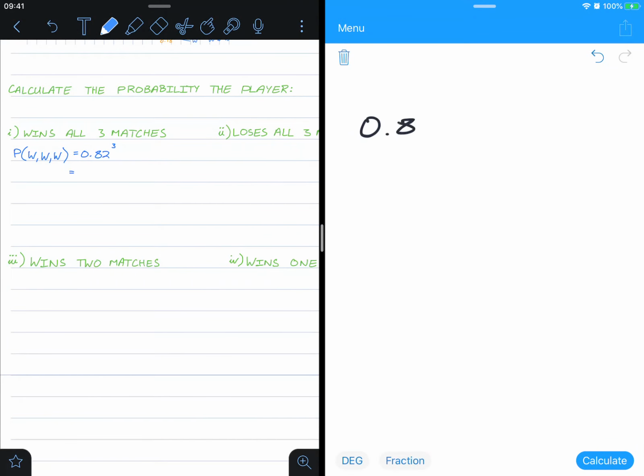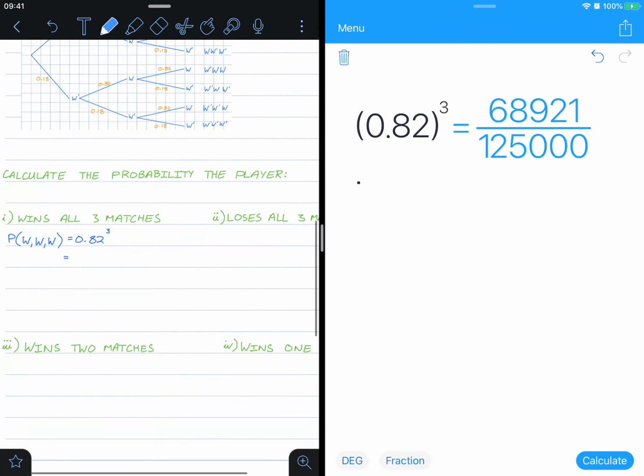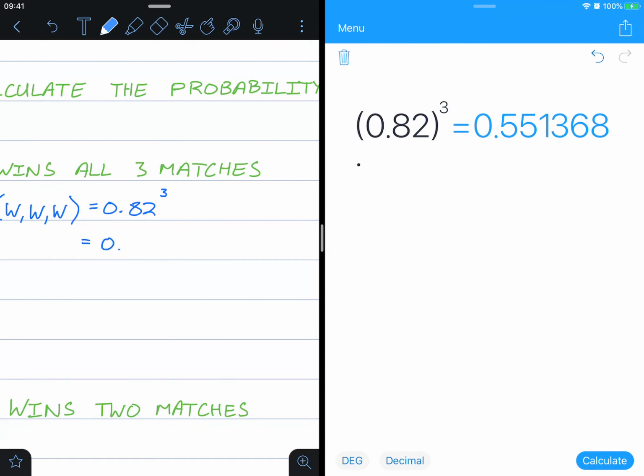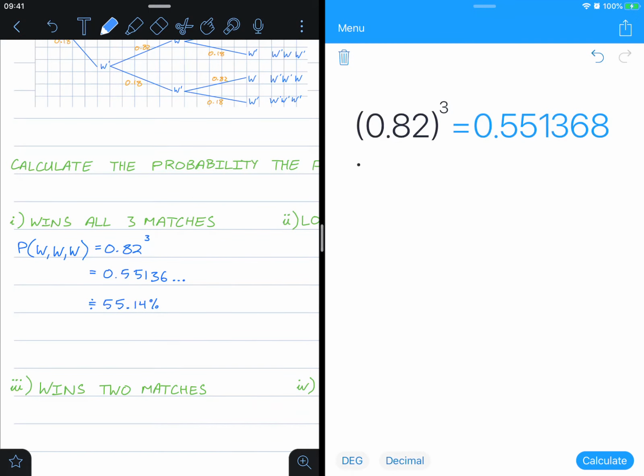Calculating that, we get 0.55136..., which we can approximate to about 55.14% chance of winning all 3 matches.